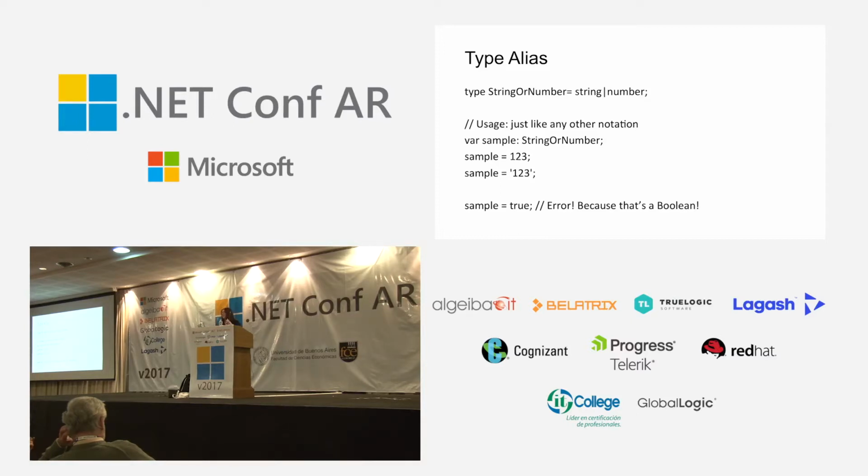However, this little middle ground now exists where I can say, hey, this could be either of these types, which I think is very flexible, because you do have to write a lot more code in any language that does not allow something like this to happen.